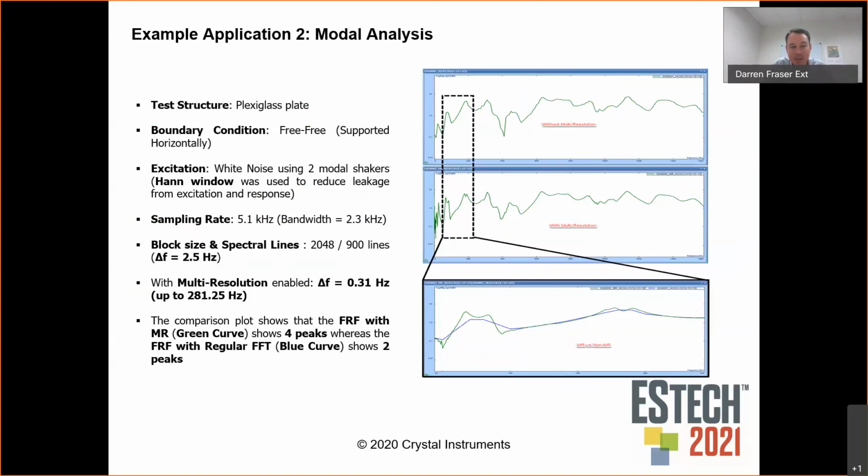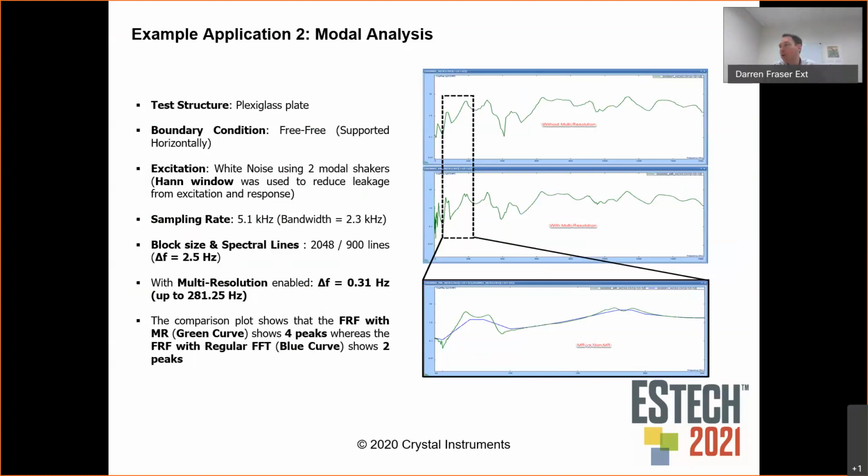And this is going to be with a cutoff frequency of our decimation filter at about 281 hertz. So 281 hertz and below, we are able to increase the resolution of our spectrum down to 0.3 hertz. Once again, the comparison plots here show in green our multi-resolution curve, and in blue our regular or standard FFT.